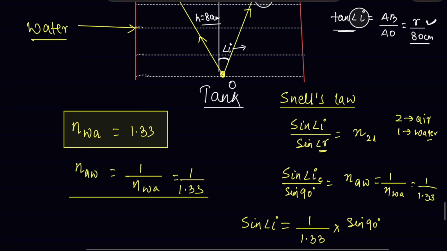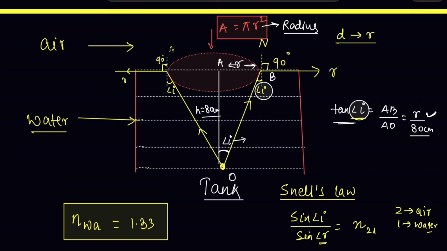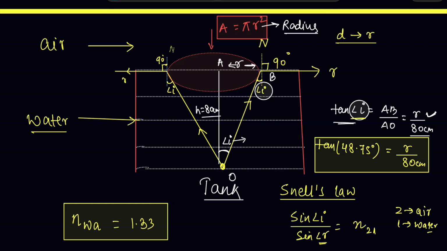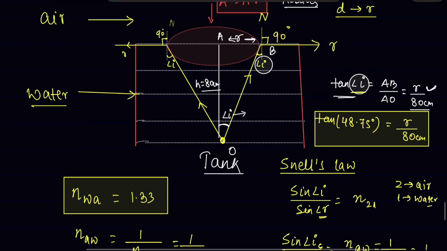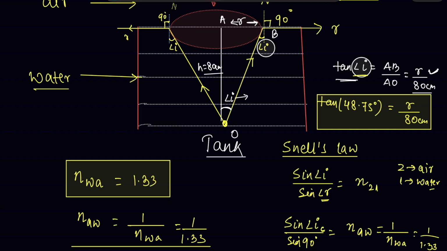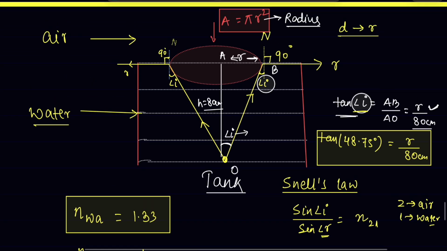So this value we can substitute in the place of tan I. So it can be written as tan 48.75 degree is equal to R by 80 centimeter. Now this relation we can use and find the radius. The value of tan 48.75 is approximately 1.14.